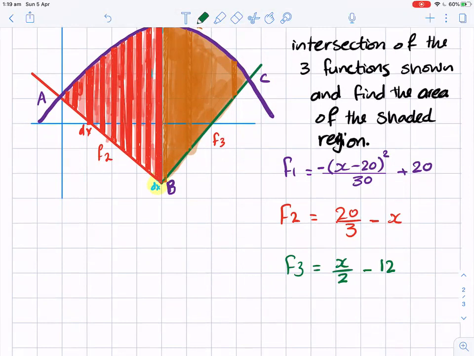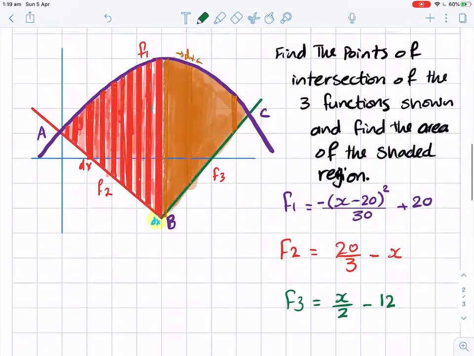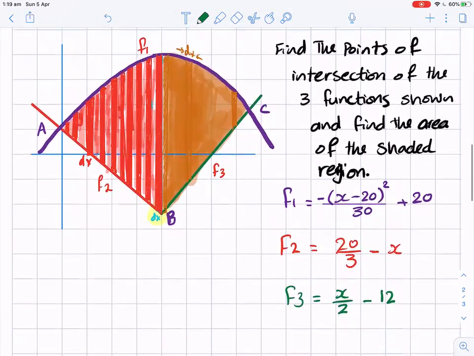Okay, so first of all, the question asks to find the points of intersection of the functions. The point of intersection means the point where they meet. We can see the red line, which is F2, and F1, the curve, meet at a point on the y-axis, so x equals 0.